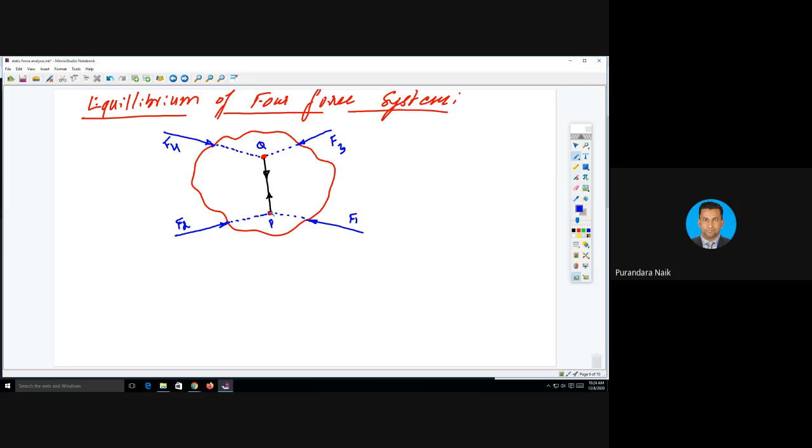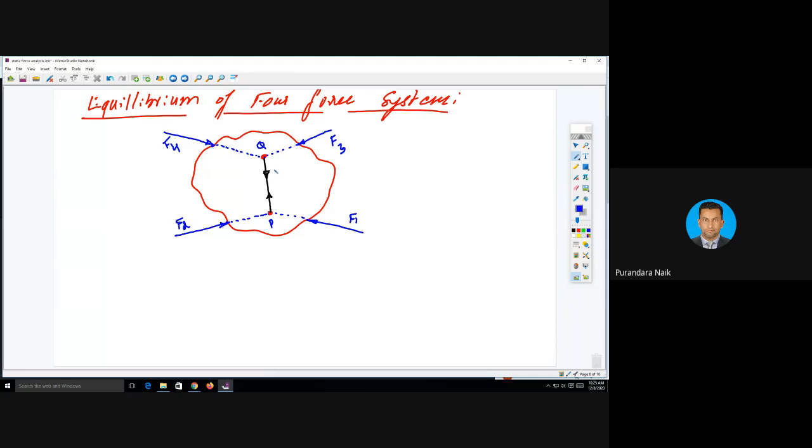This point is P. F3 and F4 are intersecting at a point Q. If you join P and Q, we'll get a straight line, and the resultant of F1 and F2 and the resultant of F3 and F4, these two forces are always parallel to PQ, and both are opposite.